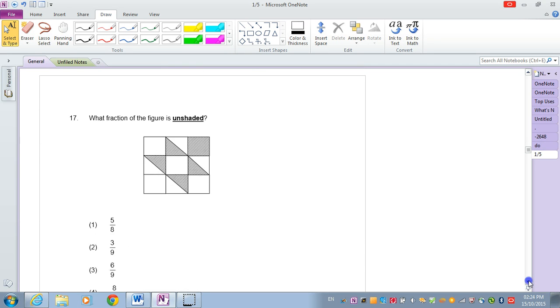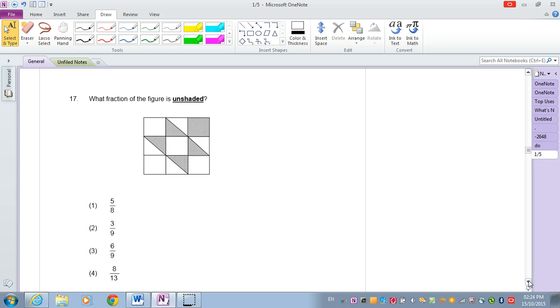Question 17. What fraction of the figure is unshaded? Now, if you look carefully, the figure has squares and even half squares. One thing you know about fractions is that a fraction must always be cut into equal parts. In this case, they are not equal. So what do we have to do?